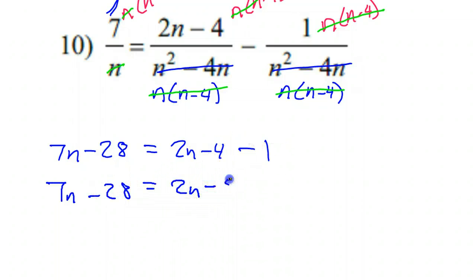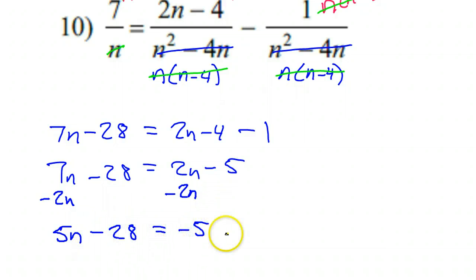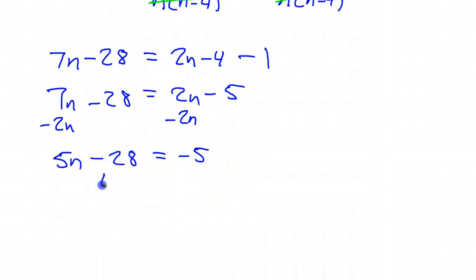These are like terms, that makes -5. When we have the variable on both sides, you want to get them together. So that makes 5n minus 28 is equal to -5. We would then add 28 to both sides.